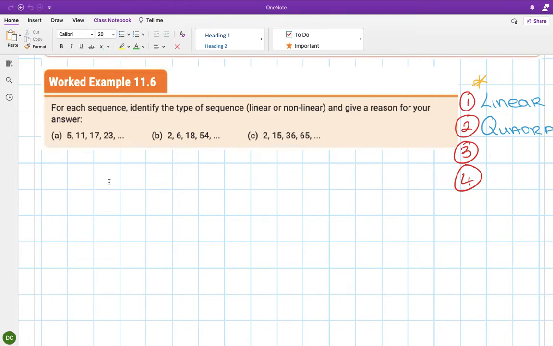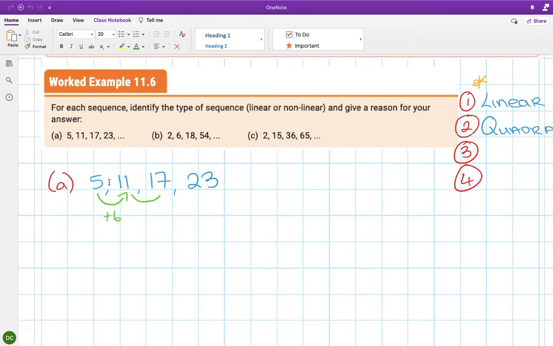So for each sequence, identify the type of sequence, so whether it's linear or non-linear, and give a reason for your answer. Okay, so we won't do them all, but we'll do the first one anyway. So 5, 11, 17, and 23. Okay, so let's investigate if it's linear. So to check if it's linear, we need to look at the first difference. So going from 5 to 11, that's plus 6.